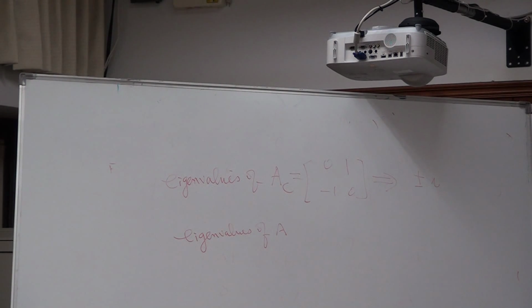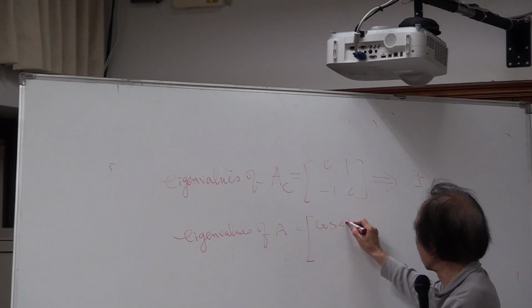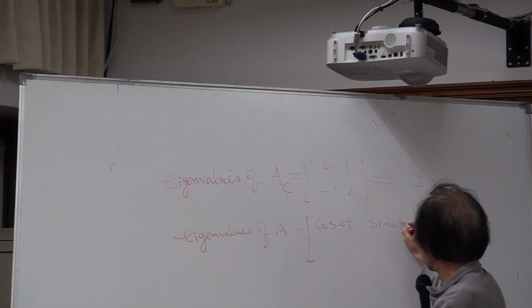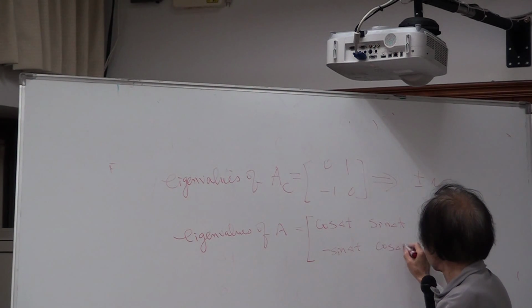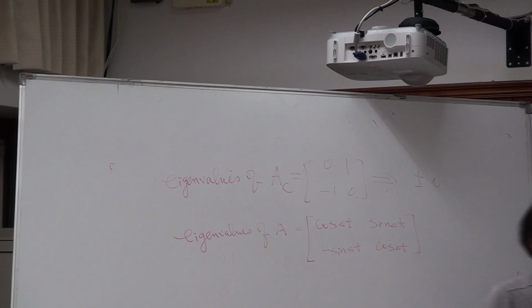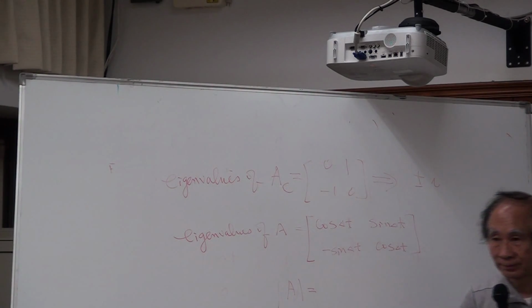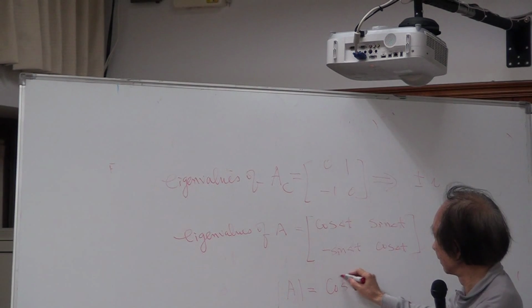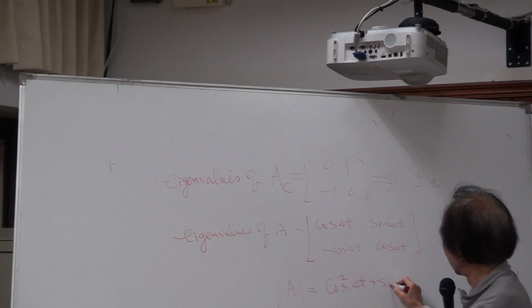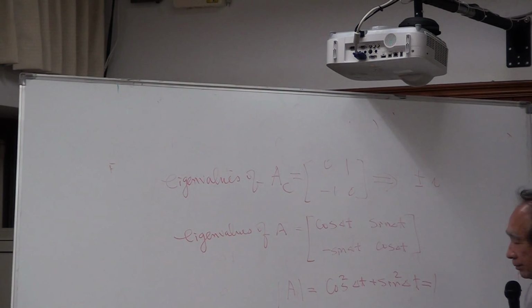Let us look at this: A equals cosine delta t, sine delta t, minus sine delta t, and then cosine delta t, right? What is the determinant of A? It is cosine squared delta t plus sine squared delta t, equal to 1. Agree?